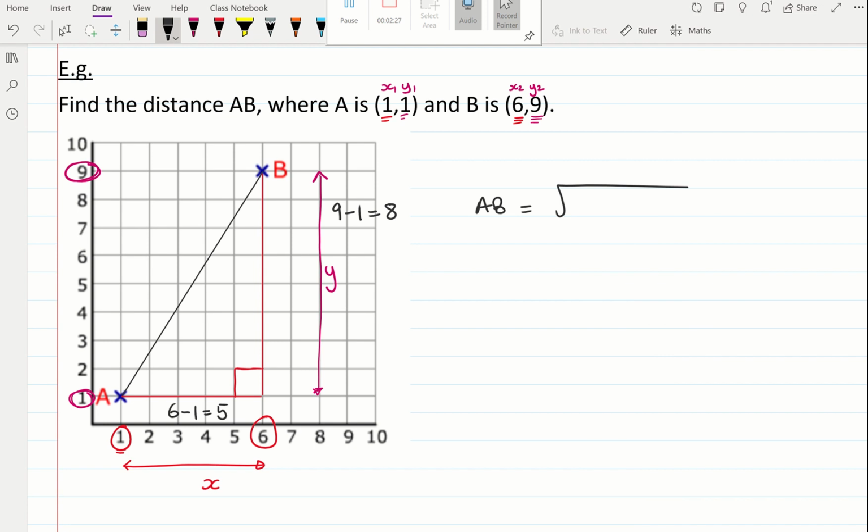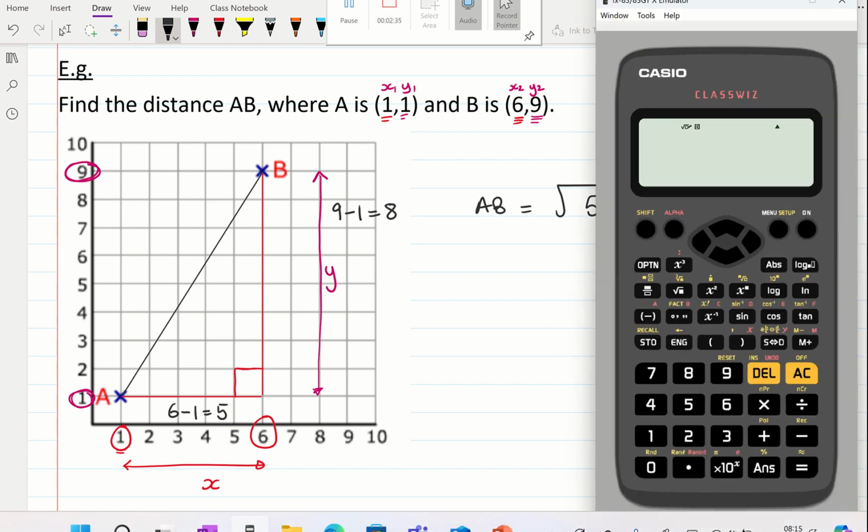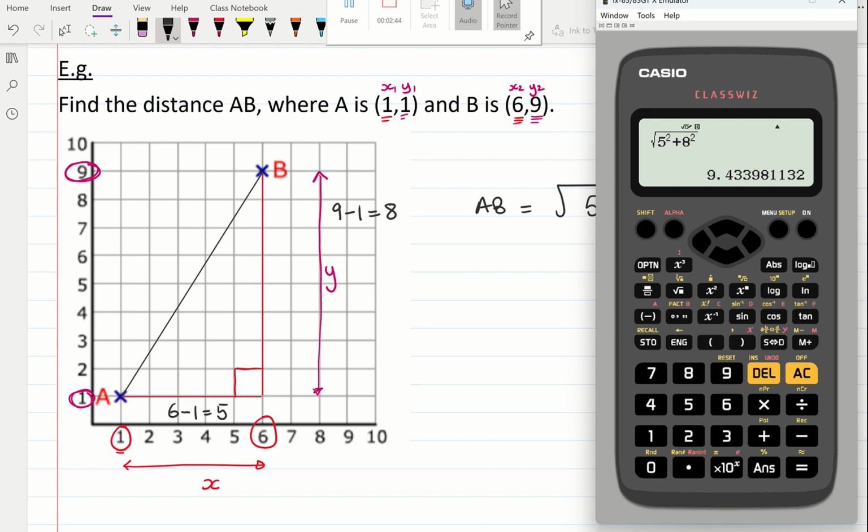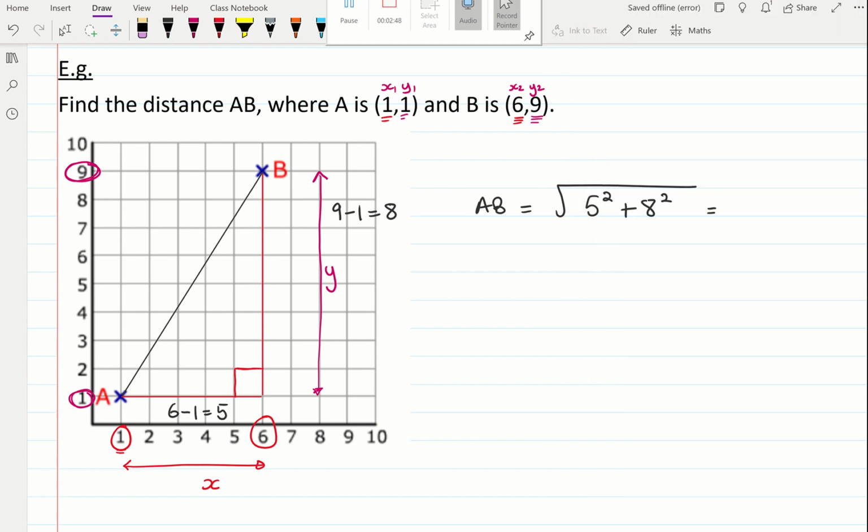Well, I do the square root of 5 squared plus 8 squared. And I put that onto my calculator, square root of 5 squared plus 8 squared. And I press my SD button, and to, let's say, 3 significant figures, it's 9.43. That's the length of the line.